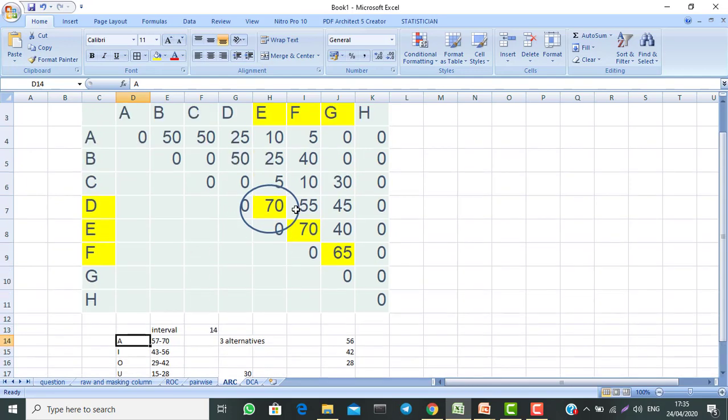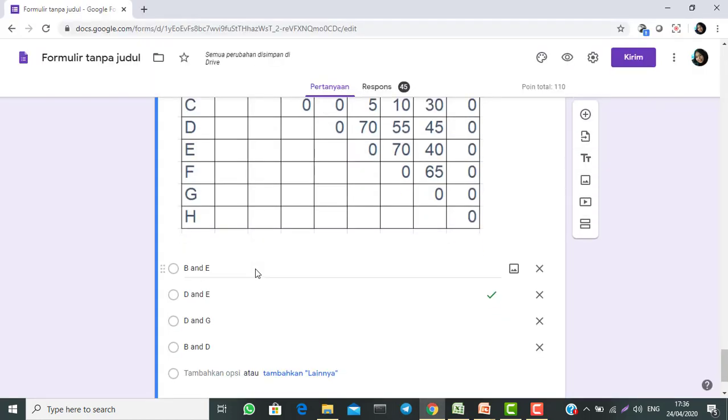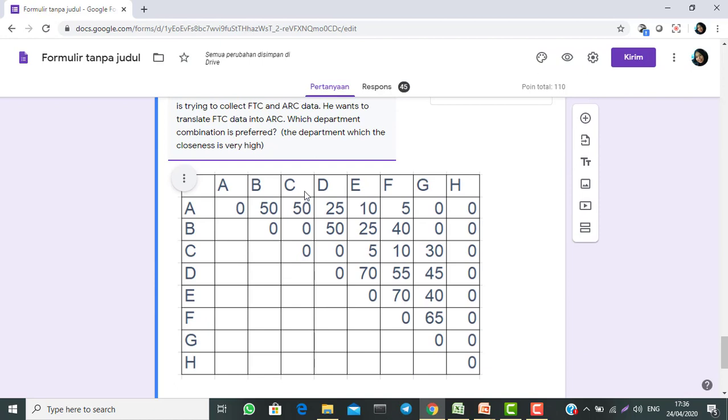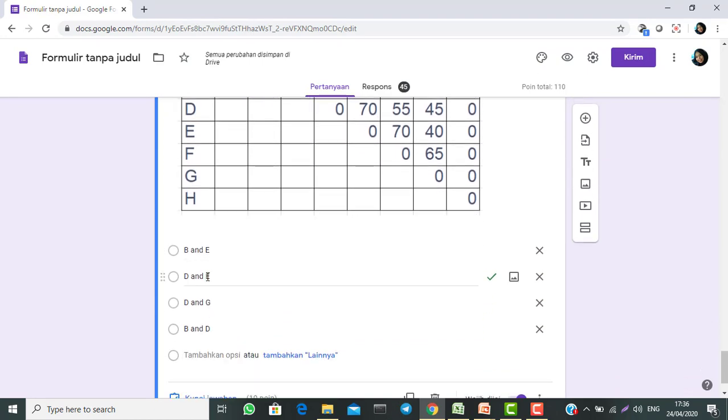So you can see that the numbers located in this interval will be A class. E, F, and F, G: 70, 70, and 65. So the combinations only involve these departments. So okay, the best answer is D and E.